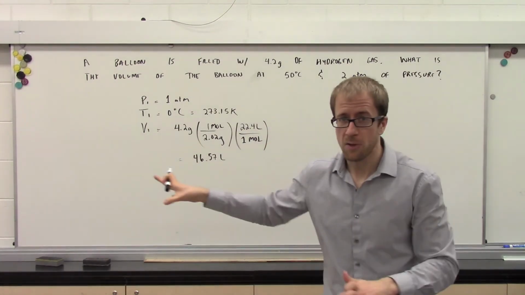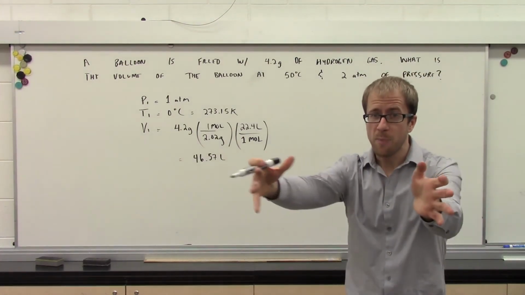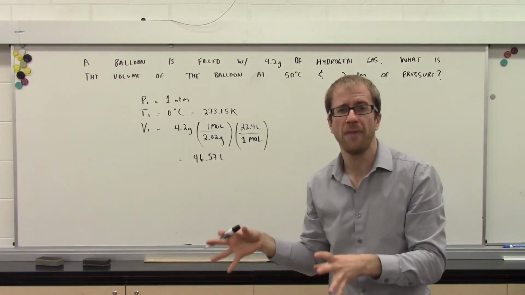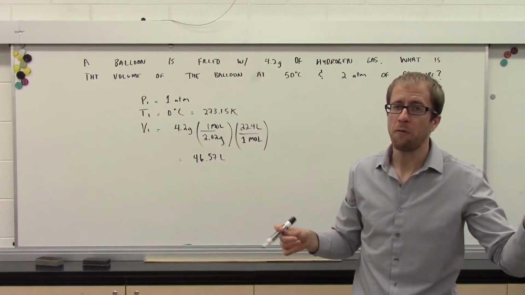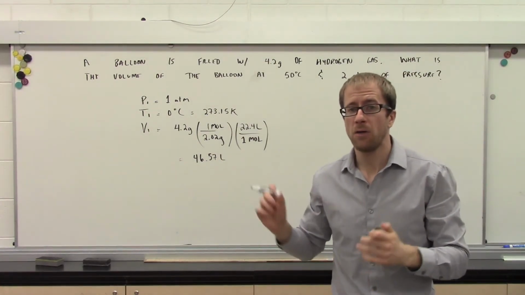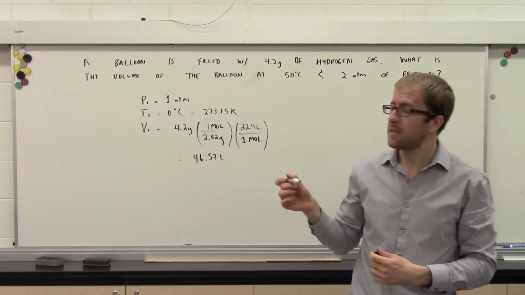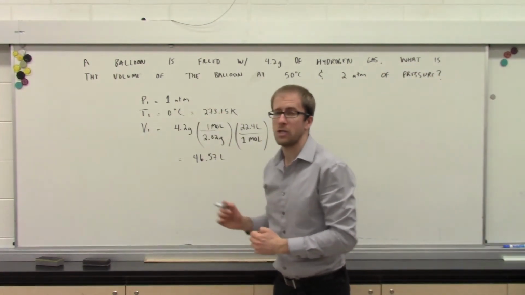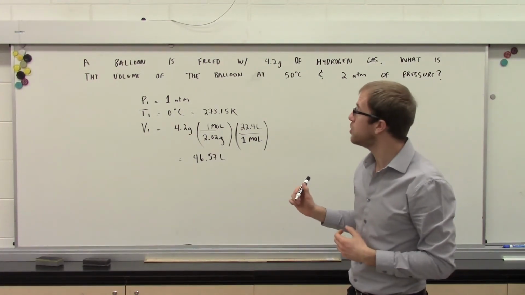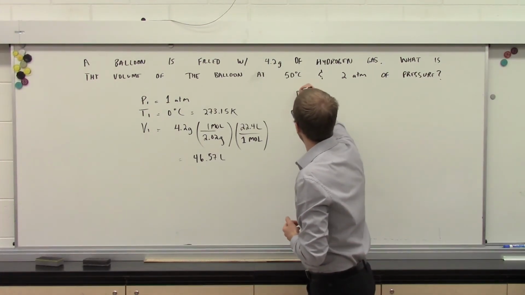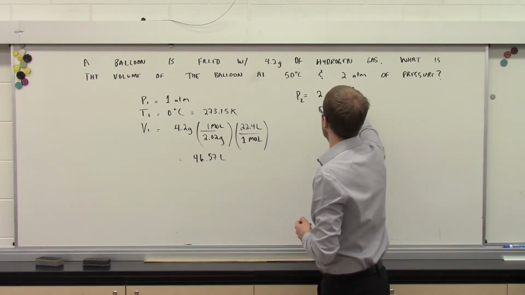So we know initially what our pressure, temperature, and volume are, right? We don't say it in the question, but we don't need to. You need to assume STP conditions and figure out the volume at those conditions, and then use the combined gas law in order to figure out the final conditions. What is the change in our volume as a result of the change in our pressure and the change in our temperature? Speaking of which, what is the change in our pressure? Well, it is going from 1 atmosphere to 2 atmospheres of pressure.